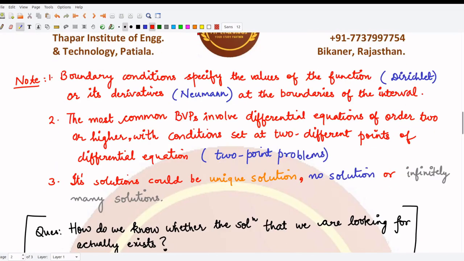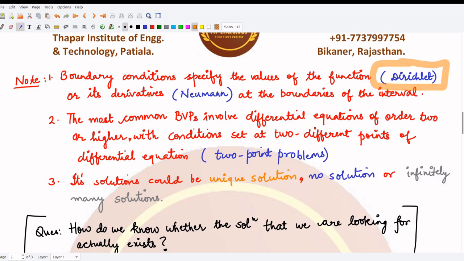So that depends on the situation that we are talking about. Now if we talk particularly about these boundary conditions, if we specifically know the value of the function at specific points, then we call those conditions Dirichlet boundary conditions.